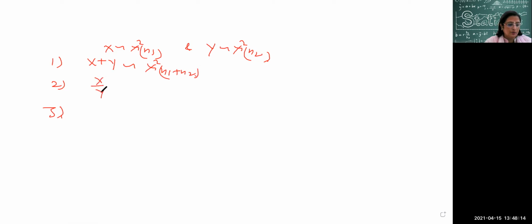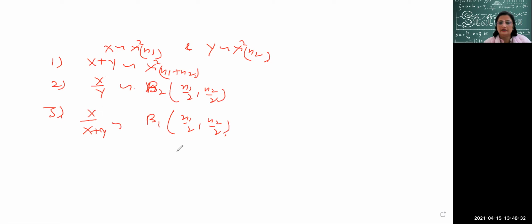Then the ratio of two chi-square variates is a beta distribution of second kind, and x upon x plus y follows a beta distribution of first kind, right?